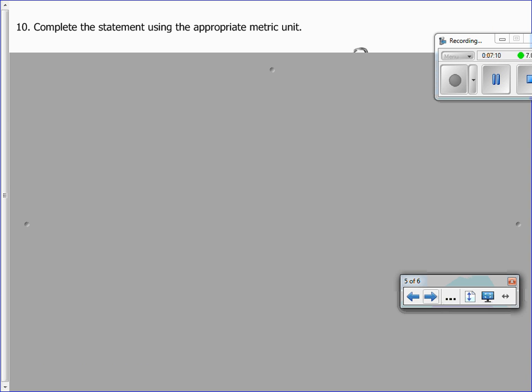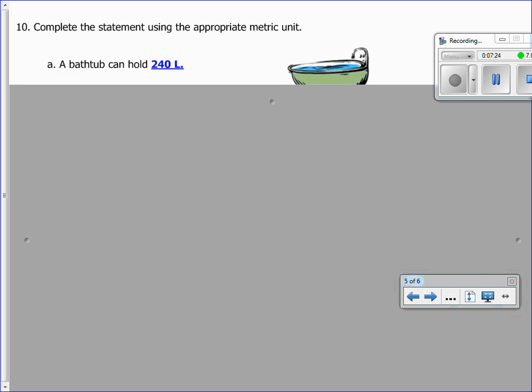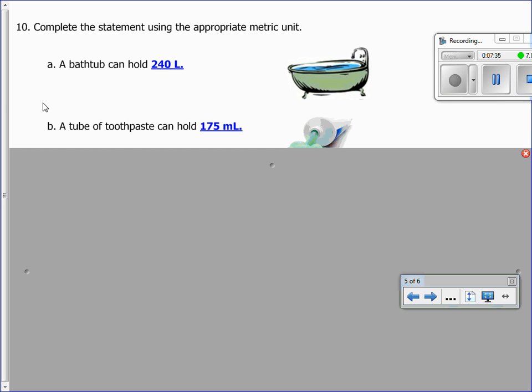Now we're going to copy and complete the statement using the appropriate metric unit. These are capacities. So Mitchell, a bathtub can hold 240 liters. I did not give you the number on that. A tube of toothpaste can hold 175 milliliters.